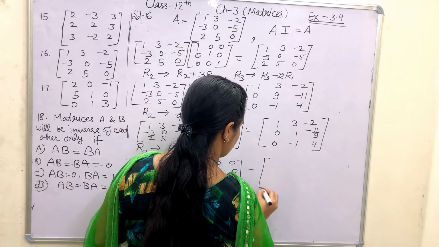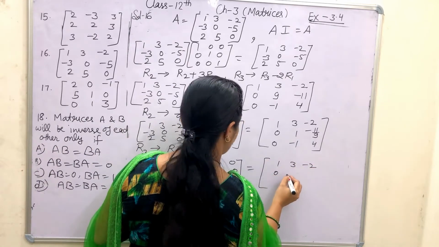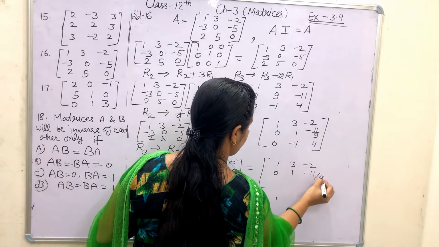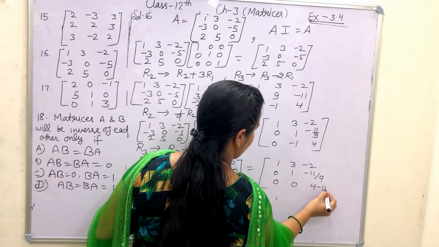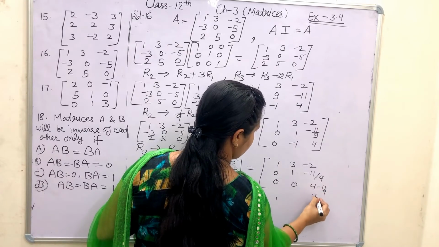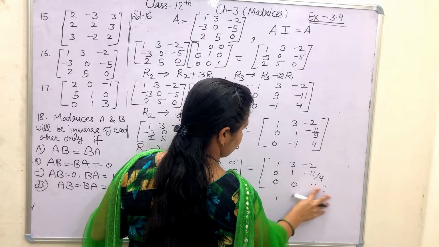Here is 1, 3, minus 2, 0, 1, minus 11 by 9, 0, 0, and 4 minus 11 by 9, that is 36 minus 11. We can say 25 by 9.